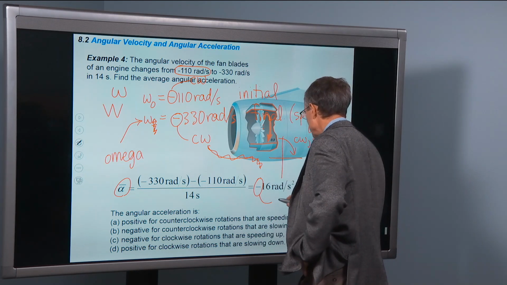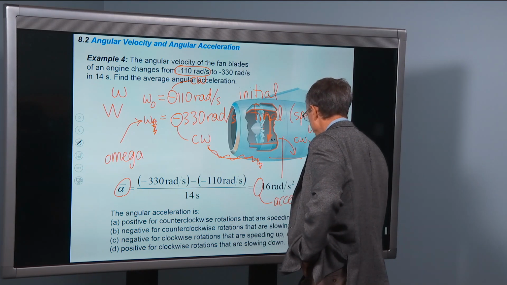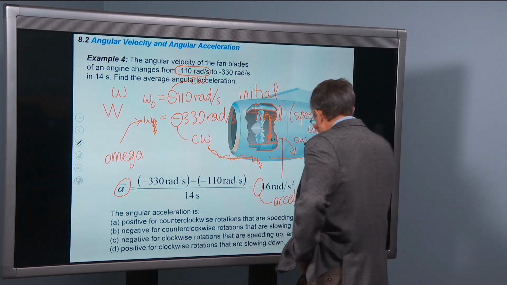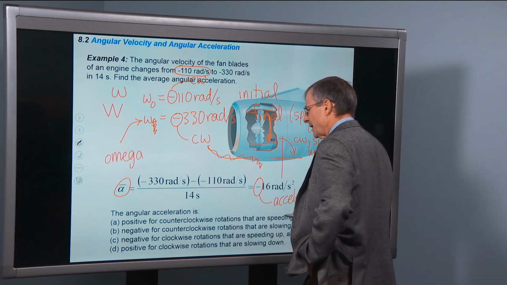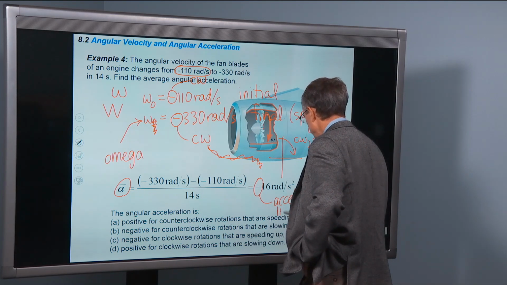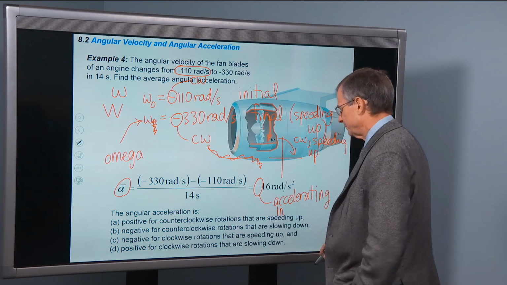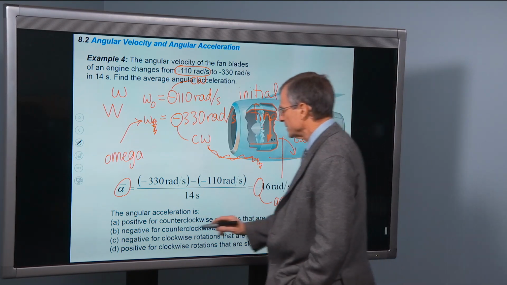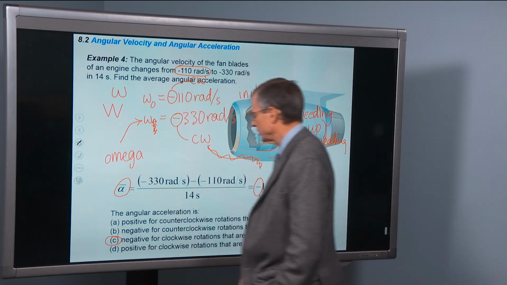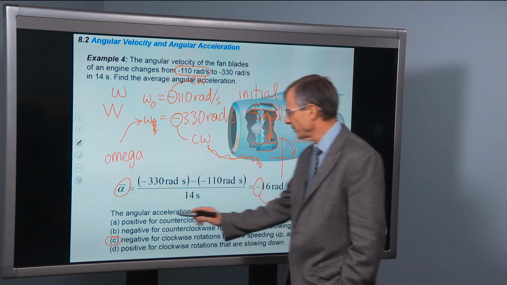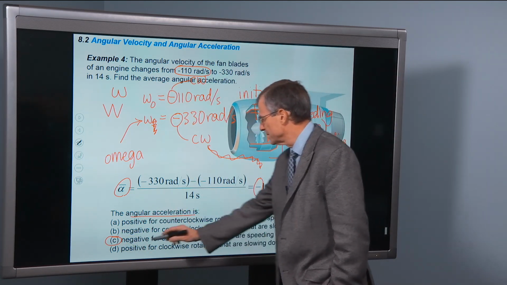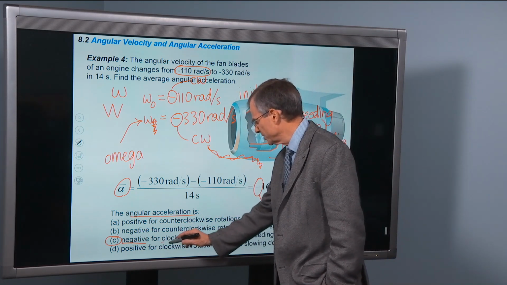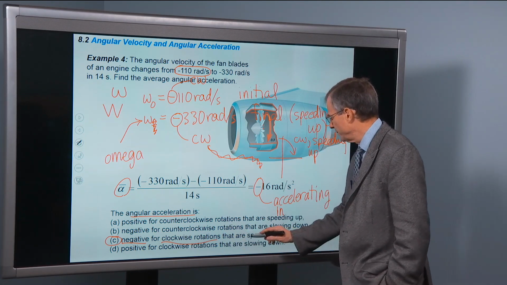This sign means that we're accelerating in the same direction. So it's this case here, C, that we didn't actually talk about. The angular acceleration is negative for clockwise rotations that are speeding up.